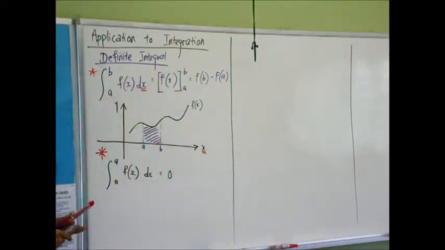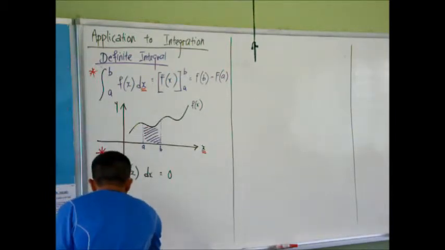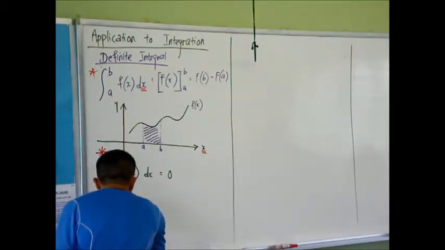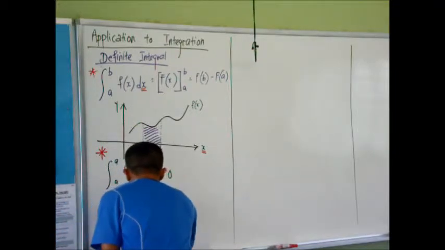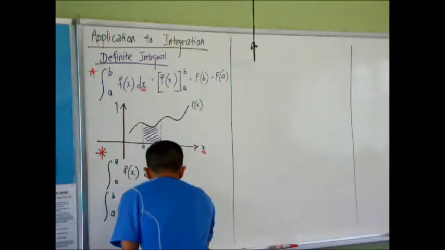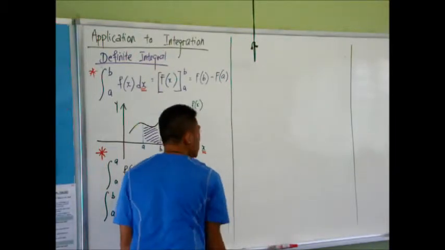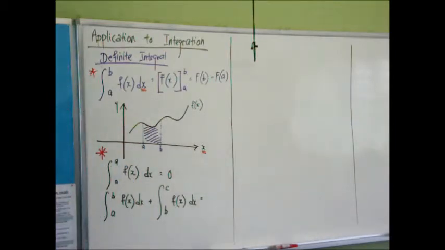Okay, this is important as well. There's another result you will need to know. What happens if I have this? Looks very complicated, right? Wow, how come got limit from A to B, then suddenly from B to C?